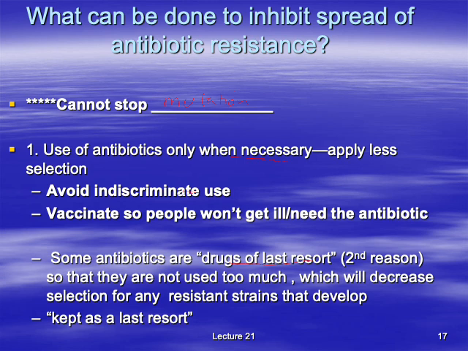Because if we don't use it a lot, there won't be selection for resistant bacteria, and therefore it will decrease the chance that widespread resistance to that antibiotic will ever occur. So let's keep it as a last resort. All right? So there are two reasons you can see a drug of last resort.